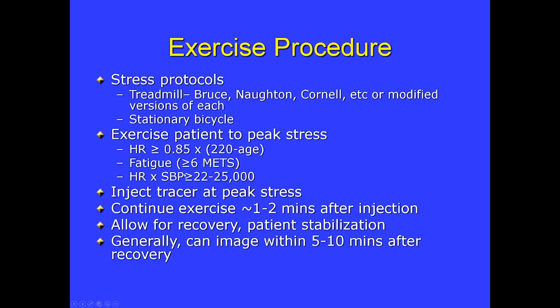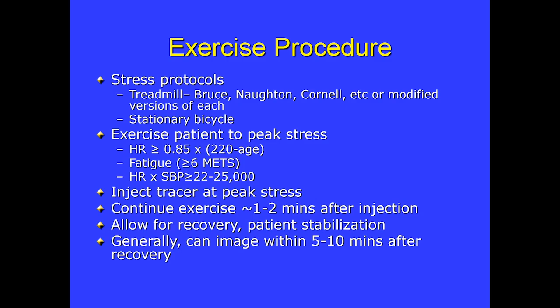That is sometimes considered adequate. Another target is the double product, the heart rate and blood pressure product. If you get into the appropriate range there or beyond, you may consider the patient to have been adequately stress tested.